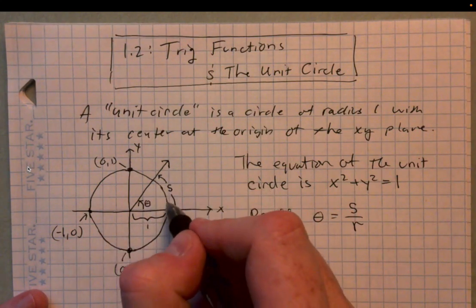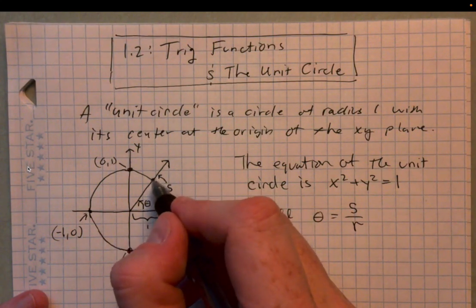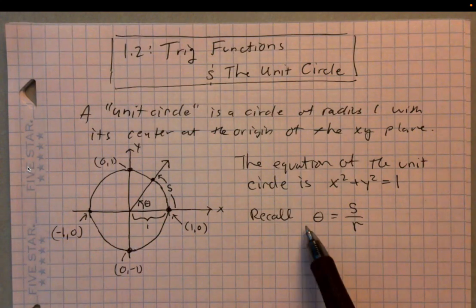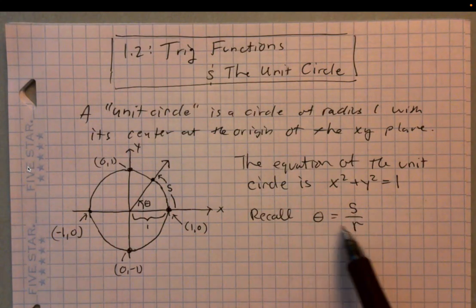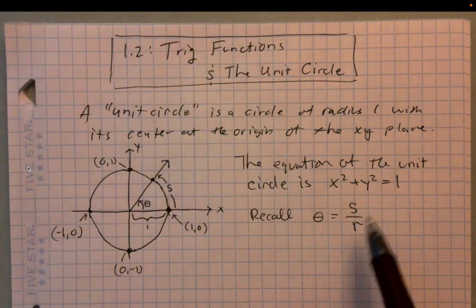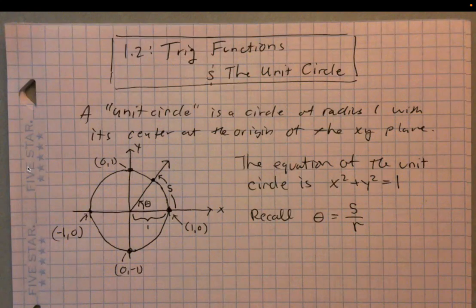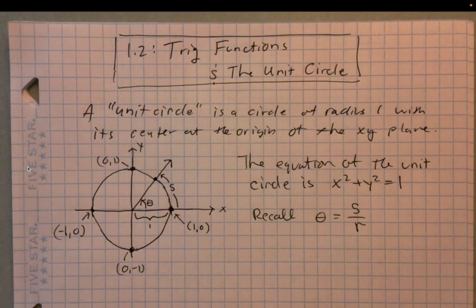So the length of the circle that goes up to this point is s. And theta here is the measure of the angle that is swept out by this ray.